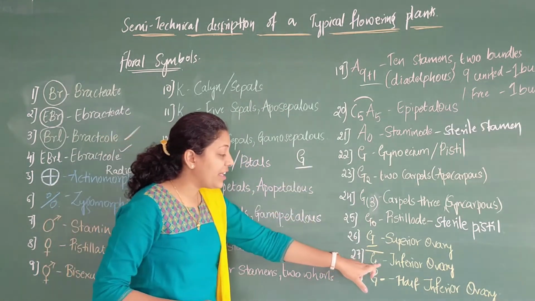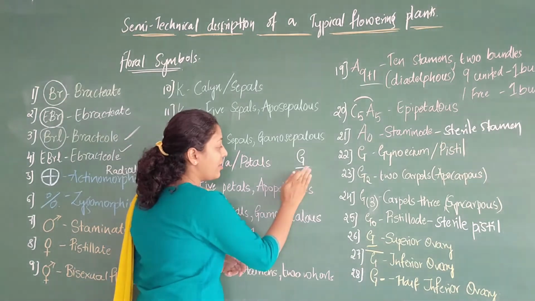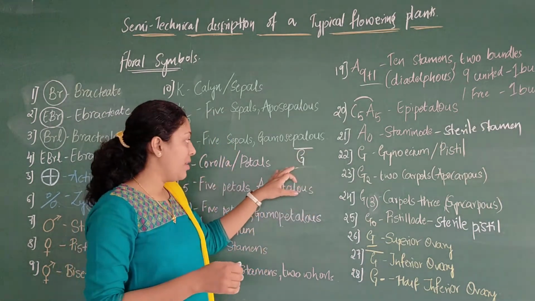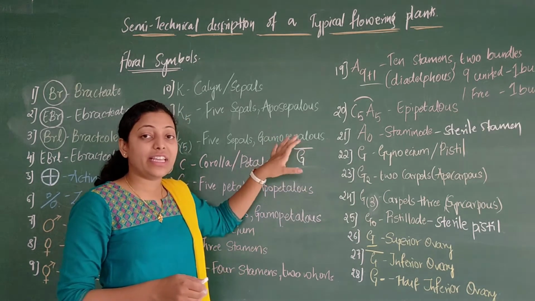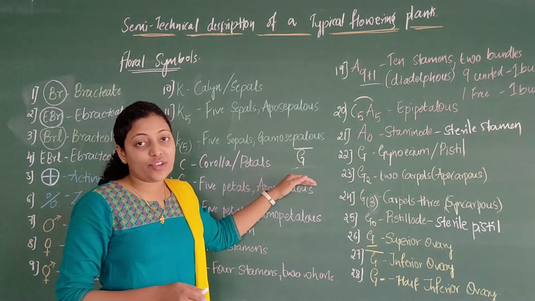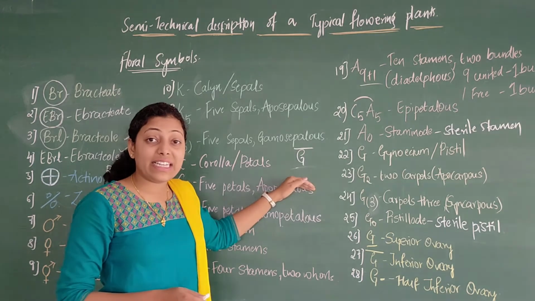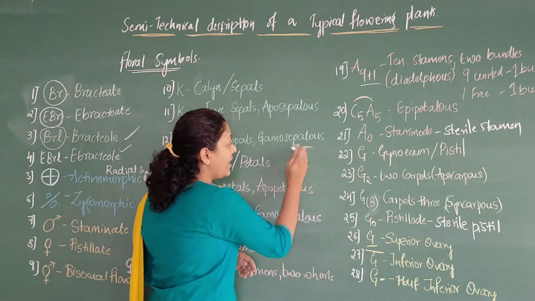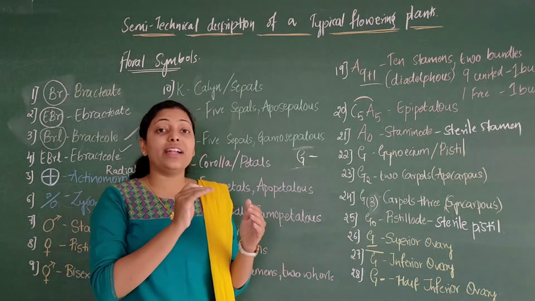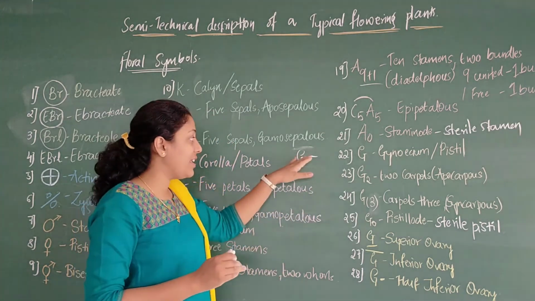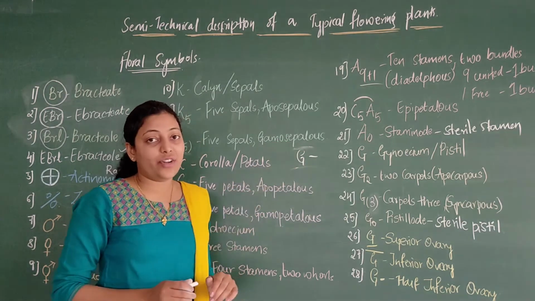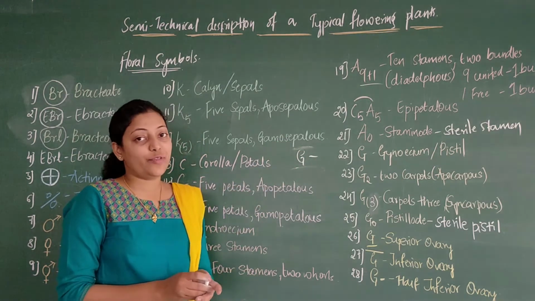Then for inferior ovary, if the line is above the G, we call it an inferior ovary, which means it is an epigynous flower. And if the line is drawn in front of G, it means a half inferior ovary, that is, a perigynous flower.